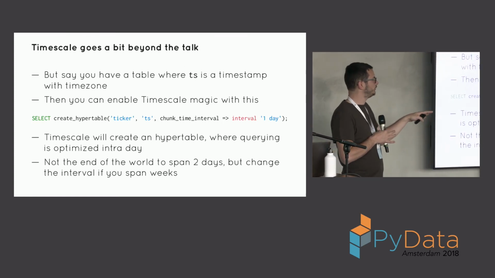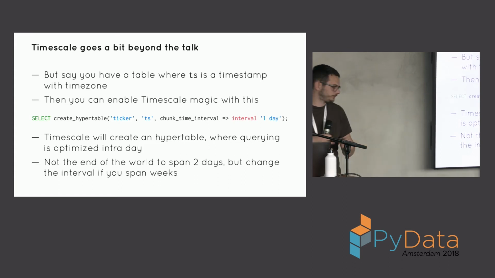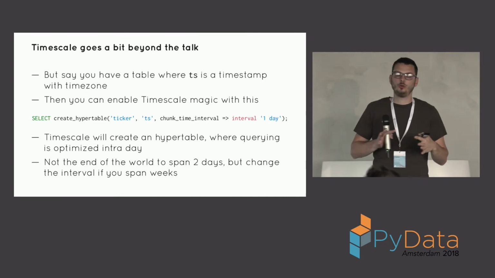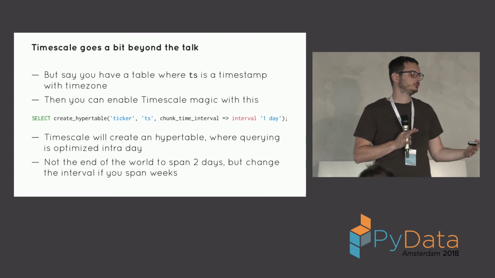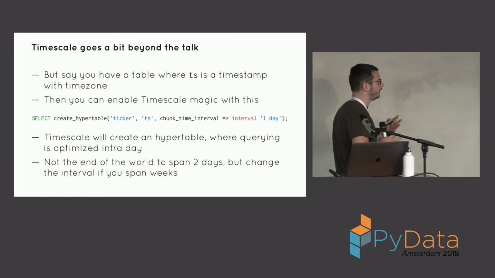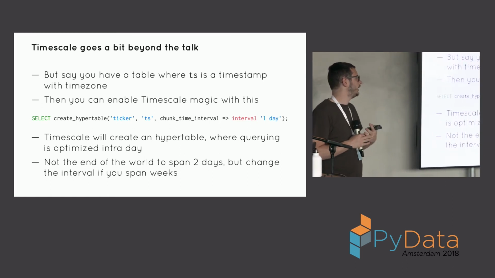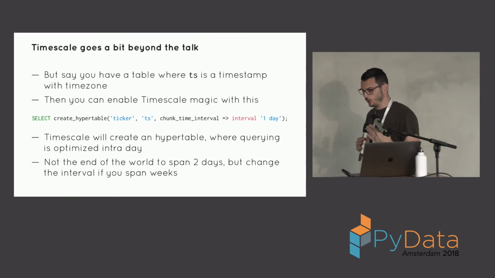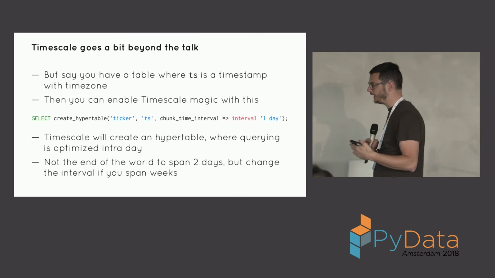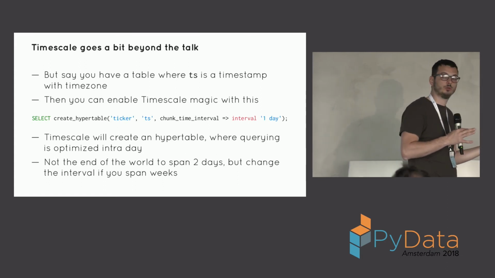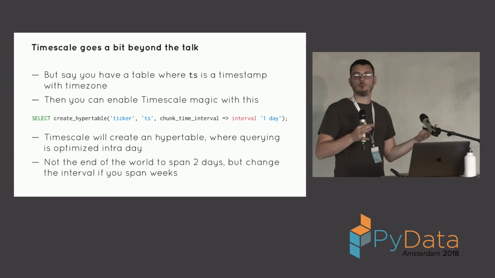This is kind of important, this intraday, this interval of 1 day. And why is it important? Because under the hood, Timescale will use partitioning. So we'll partition the data into 1 day intervals. But it will also do something that Postgres doesn't do by default, which is it will order data on disk based on timestamp, even when the data does not come in order, which is what happens when you're inserting data from multiple exchanges, right?